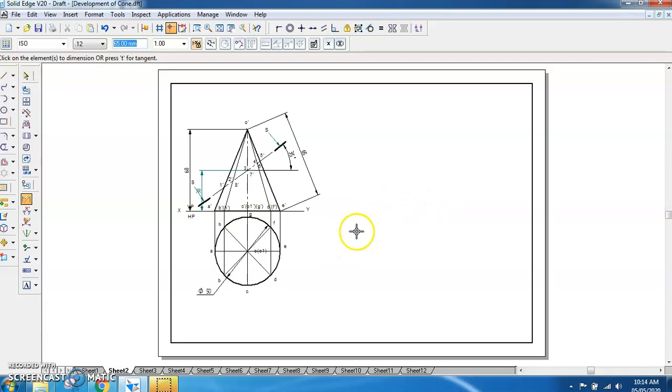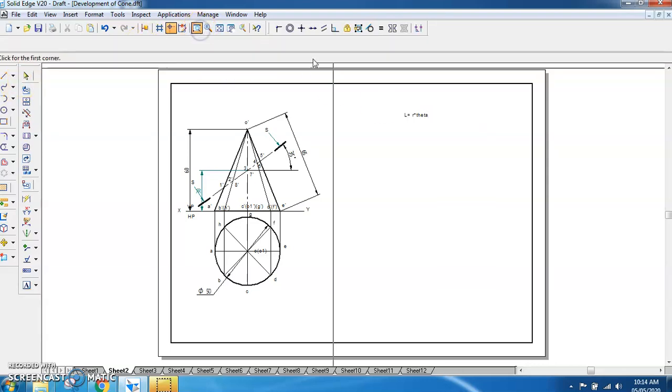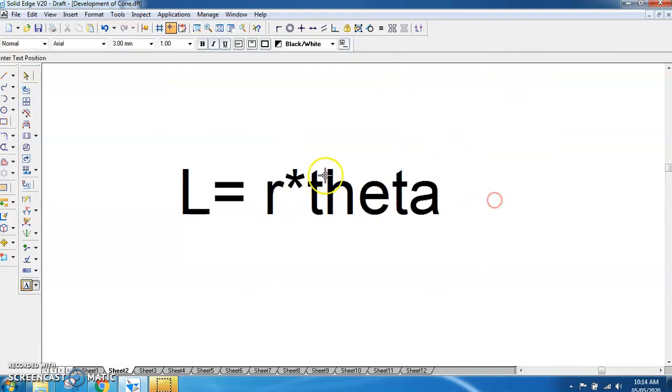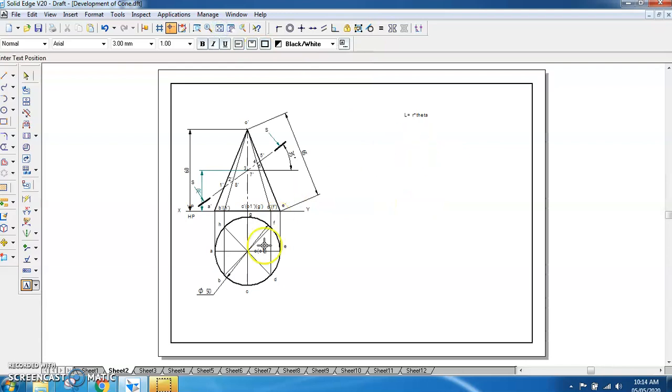For that we have to use the principle of trigonometry, that is L equals r theta. L equals r into theta. Okay, we have to understand this, and with respect to this formula we have to solve the development for the cone. L here is the length of the arc.